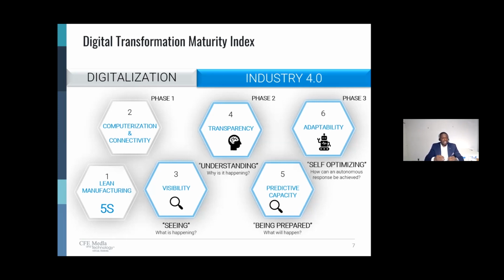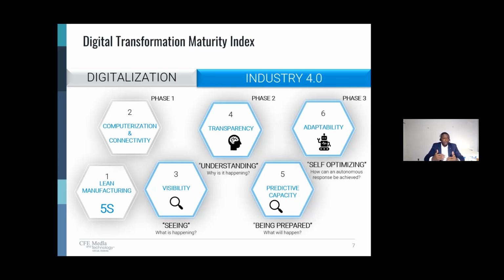We need to have interconnectivity. That means that from a gauging standpoint, am I able to look at my throughput and find out maybe through a CSV file, I can see all of my timestamps. When did my machine turn on? When did it turn off? It doesn't have to be a CNC machine. It can be any type of manufacturing equipment, but do I have the heartbeat of it?